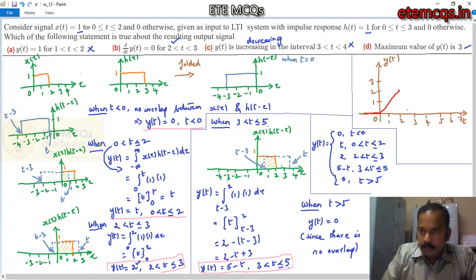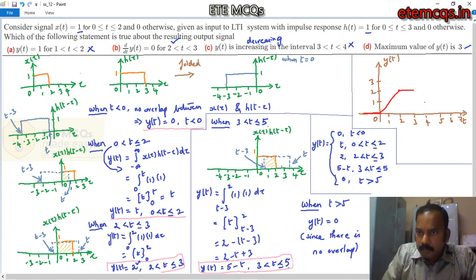And it remains constant between 2 and 3. Until it reaches 3, the output remains constant at 2. And then between 3 and 5, y of t is nothing but 5 minus t. So at 3, you have 5 minus 3 which is equal to 2. And at 4, it becomes 1.